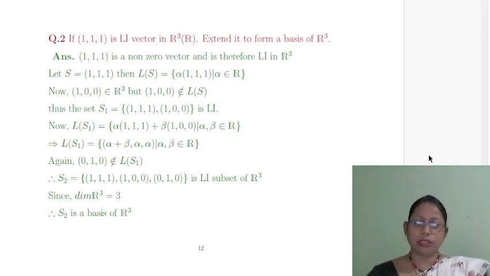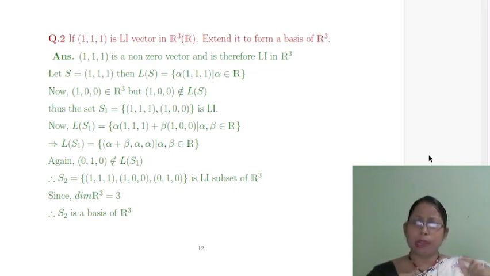That is, the linear span consists of the vectors (alpha plus beta, alpha, alpha), where alpha and beta belong to R. Again, the element 0, 1, 0 belongs to R3 as it is an element of the standard basis for R3, but it does not belong to the linear span of S1. So by the theorem on linearly independent and dependent sets, S2 equal to the vectors 1, 1, 1, 1, 0, 0 and 0, 1, 0 is a linearly independent subset of R3.